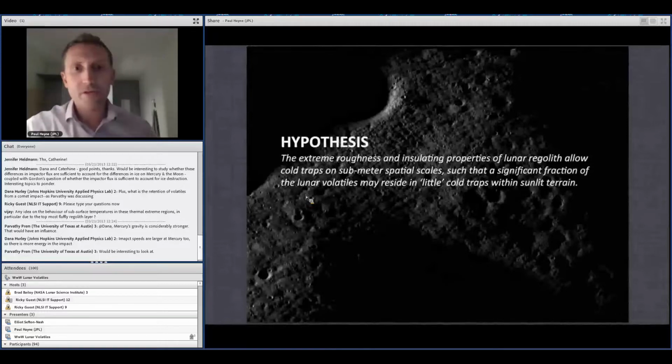So we know that the lunar surface is extremely rough, and we also know that it's extremely insulating.